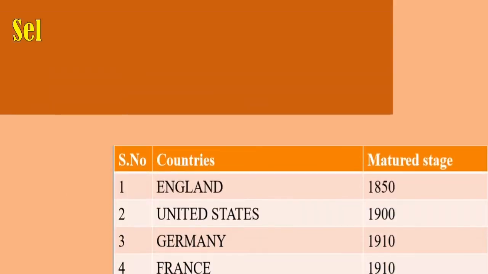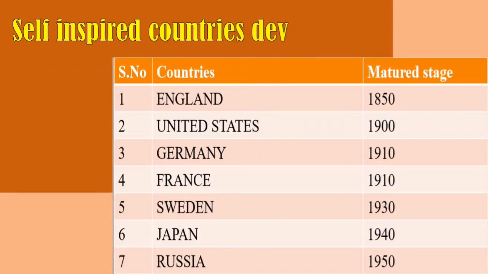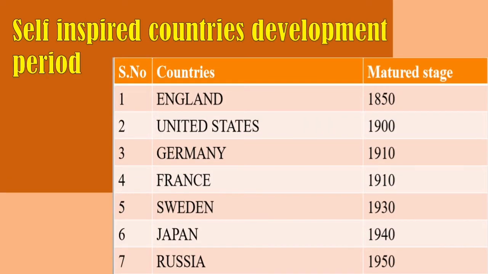So as you have seen, there was a limited attraction of facilities during the drive to maturity stage. As you can see in the slide I have here, countries which are self-inspired for development in the particular period.